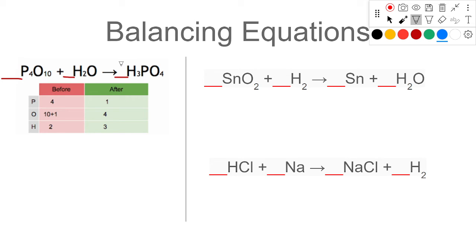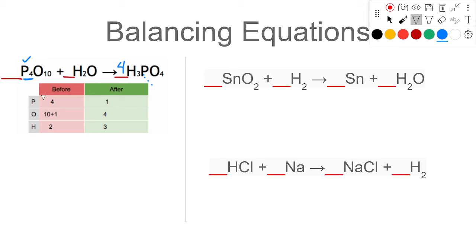So I'm going to guess, and I'm going to say that there belongs a 4 right there, because if I had 4 molecules of H3PO4, then in the first one I'd have 1 P, in the second one a second one, third one I'd have 3 and 4. That would get me up to 4 phosphorus atoms there, and I'm starting out with 4 per molecule. So let's say that we end up with 4 of these. That will check this guy off.